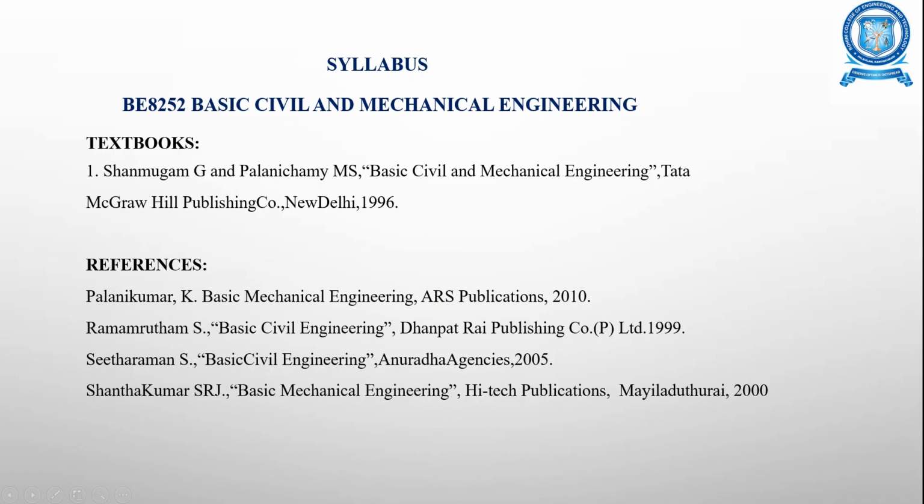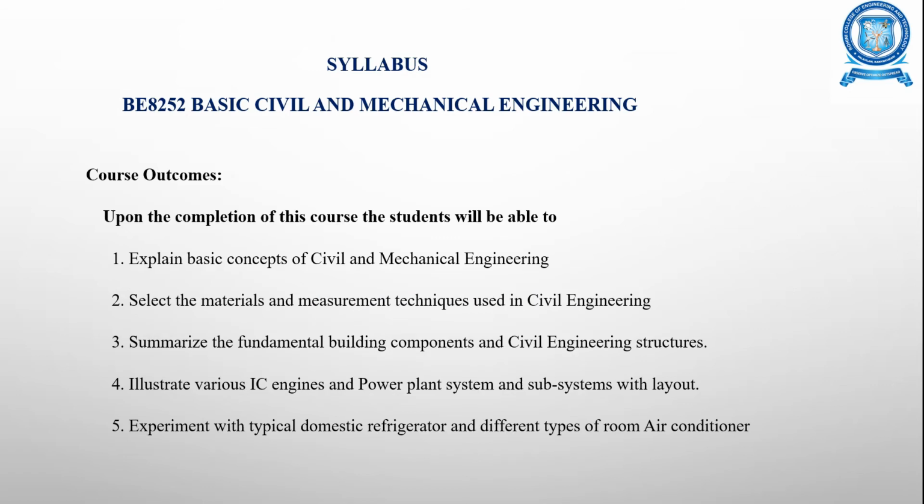So these are all the textbooks and reference books for this Basic Civil and Mechanical Engineering course, and these are the course outcomes. Upon completion of this course, the students will be able to explain the basic concepts of civil and mechanical engineering from the first unit. From the second unit, they will be able to select the materials and measurement techniques used in civil engineering.